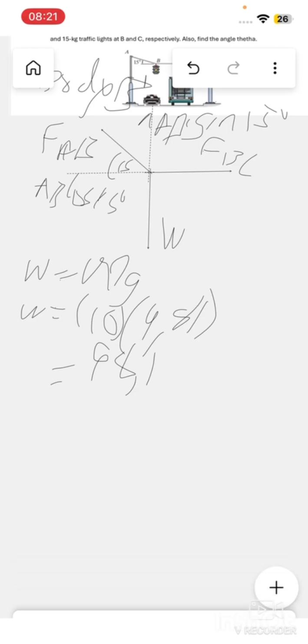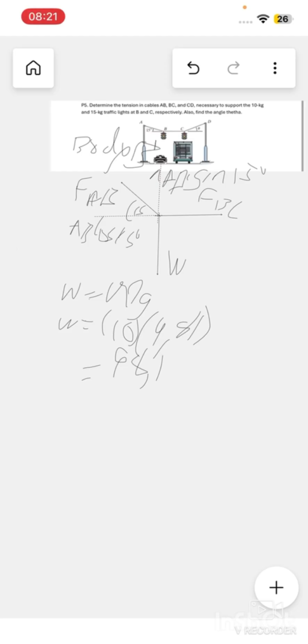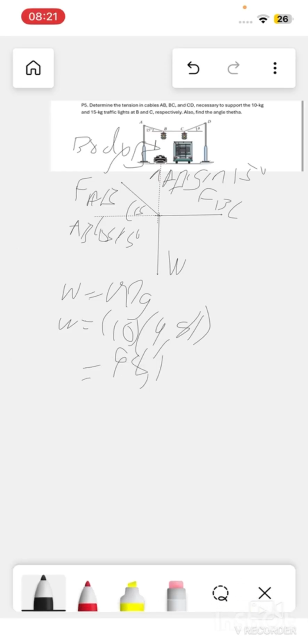We can now go to the summation of the forces. Here we have the summation of the vertical forces, the summation of F of y is equal to 0.